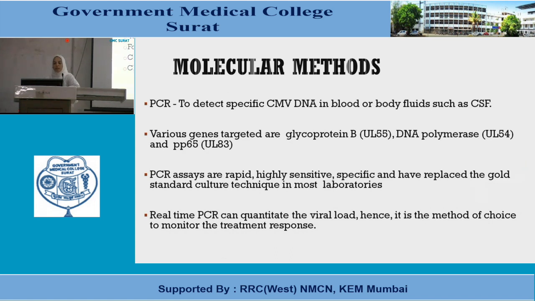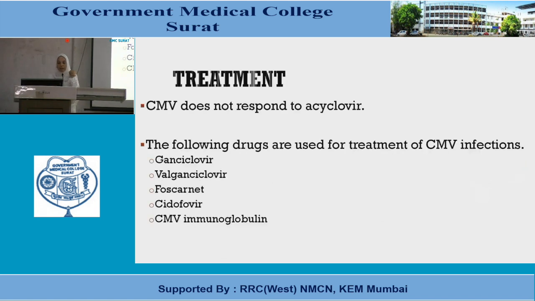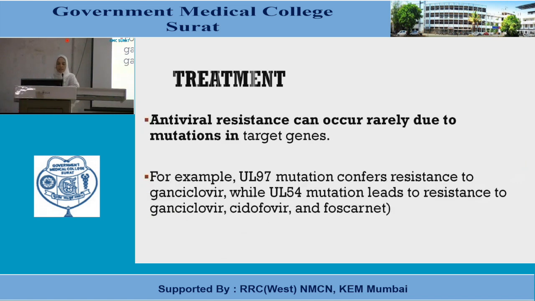CMV does not respond to acyclovir. So how do you treat them? With ganciclovir, valganciclovir, foscarnet or cidofovir, or by CMV immunoglobulin. Antiviral resistance can rarely occur due to mutations in target genes: UL97 mutations confer resistance to ganciclovir, while UL54 mutations lead to resistance to ganciclovir, cidofovir and foscarnet.